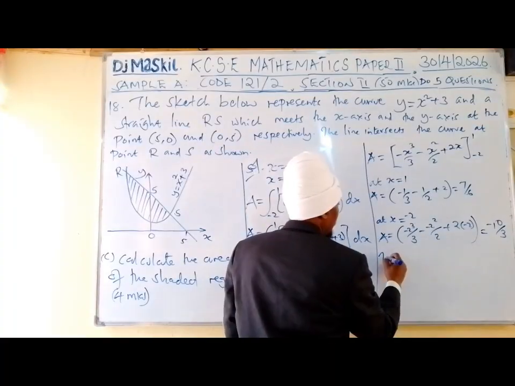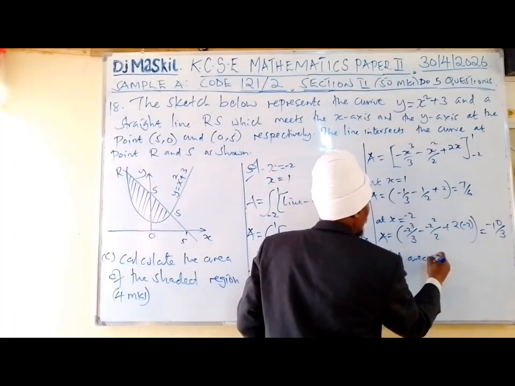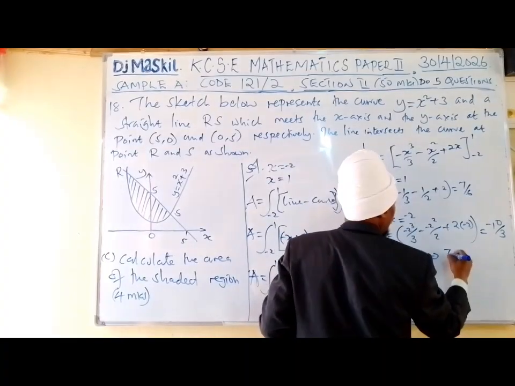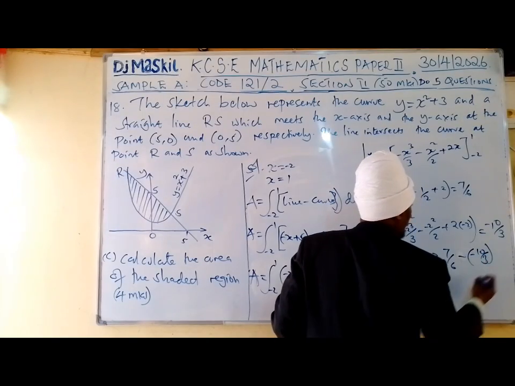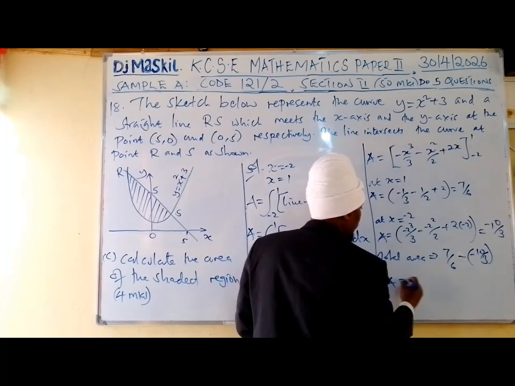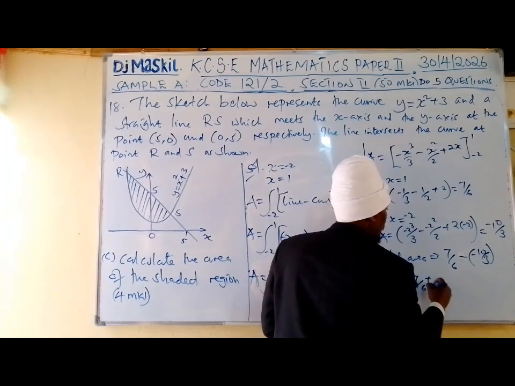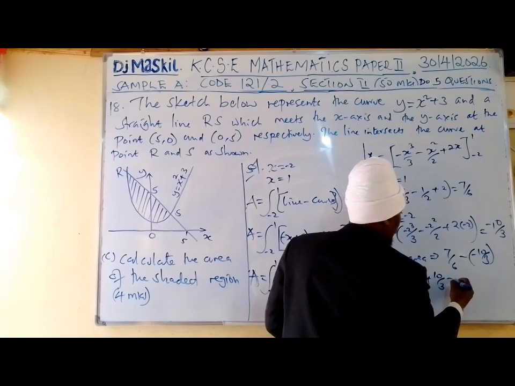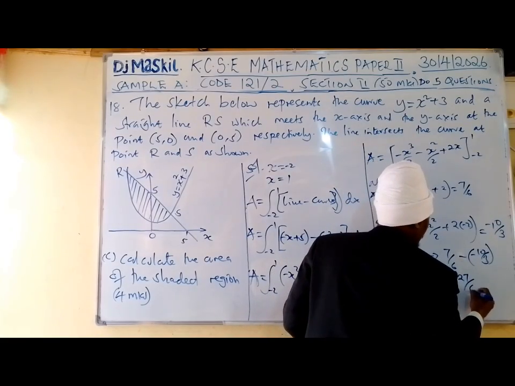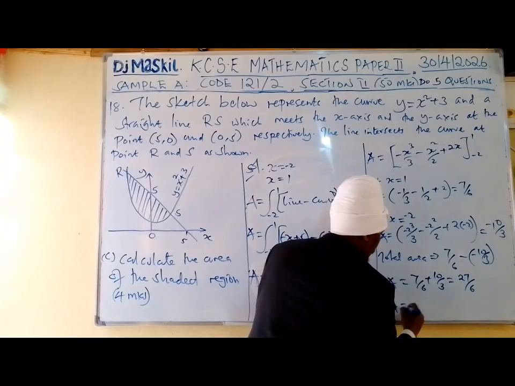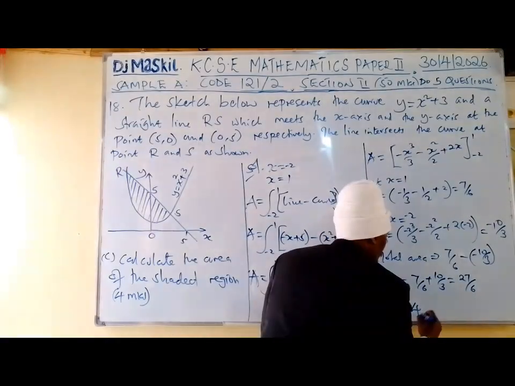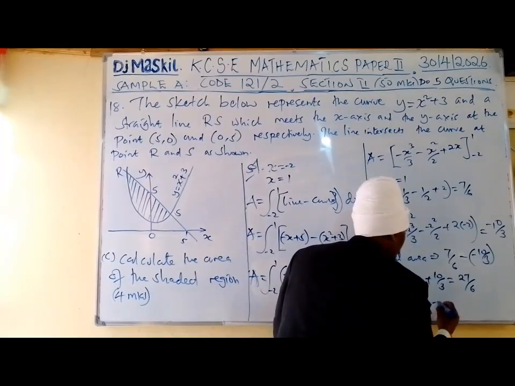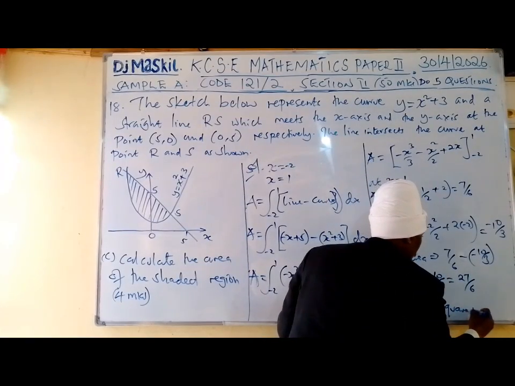So total area will therefore be 7 over 6 minus negative 10 over 3. So our area is 7 over 6 plus 10 over 3. So this one will give you 27 over 6. And therefore this one will give us 4.5 square units as the area.